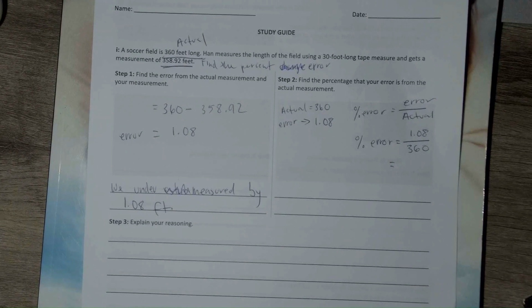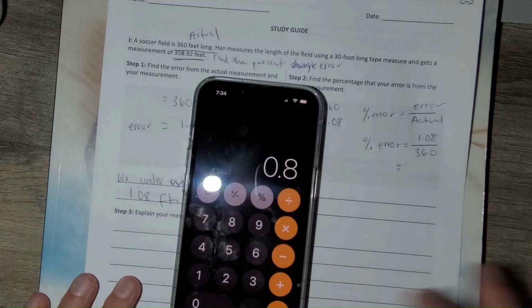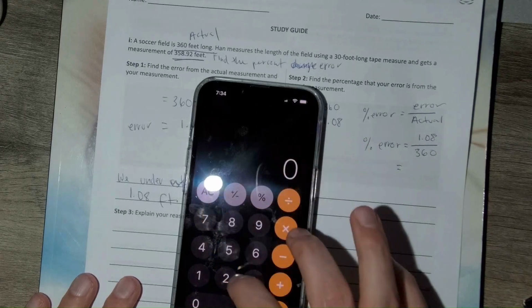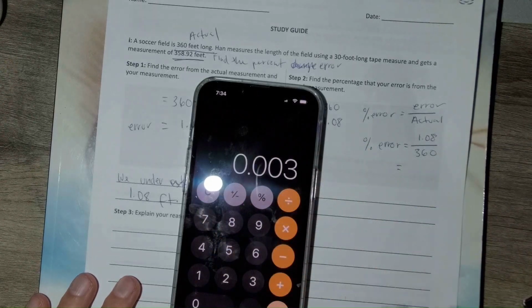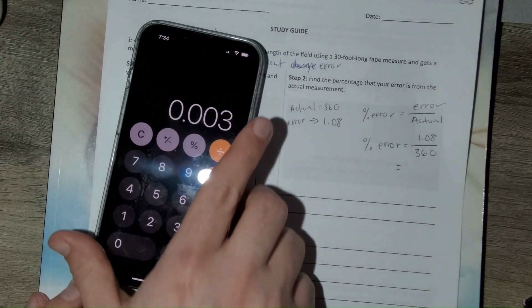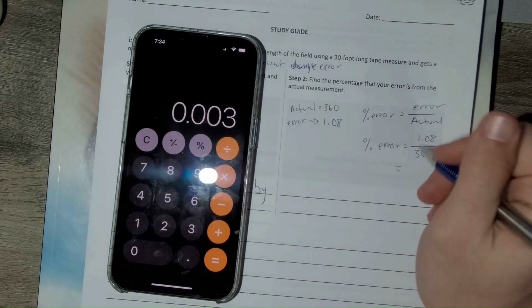Again, you put that in your calculator. Let me get my calculator out. Here we go. We have 1 and 8 hundredths divided by 360, and we end up getting 0 and 3 thousandths.